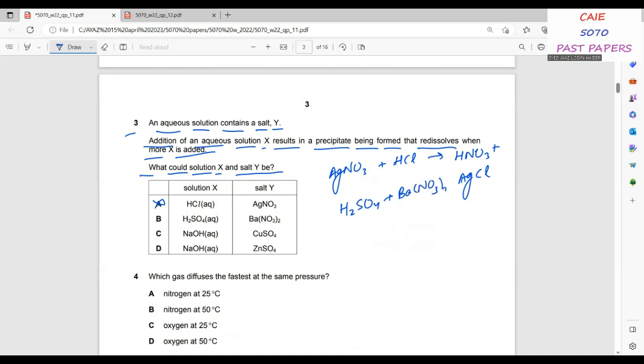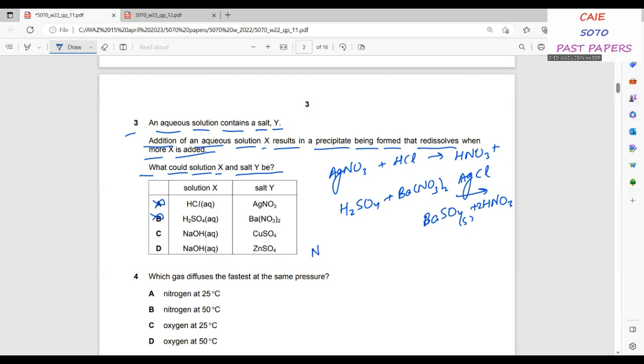What you will get in this case is barium sulfate and nitric acid. This is the white precipitate of barium sulfate, which does not redissolve when more H2SO4 is added. Again, this is wrong. C, NaOH plus CuSO4.